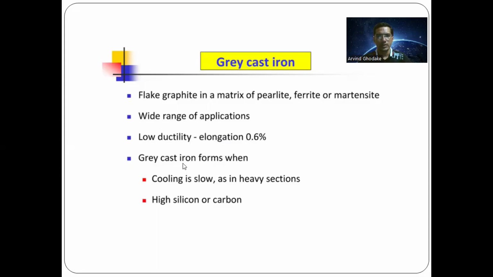Gray cast iron forms when there is slow cooling, as in heavy sections, and if it has high silicon or carbon and a slow cooling process during manufacturing or casting, gray cast iron is formed.